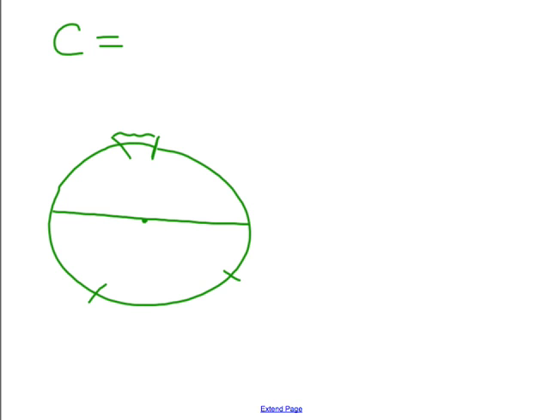Close. Which part of that number? 0.14, not 1.4. That little part is 0.14 of the diameter. How many times did the diameter lie on the circle circumference?